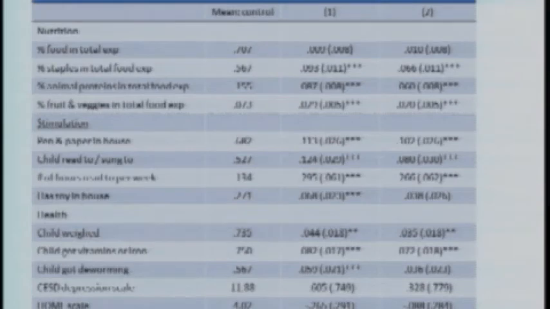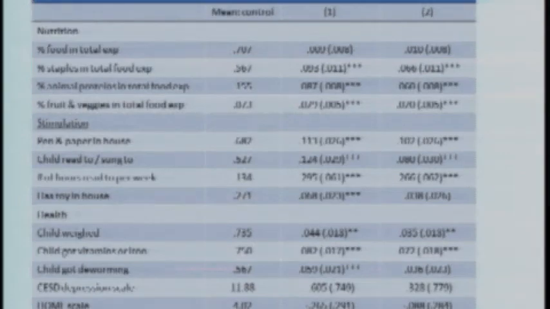And that is the case if you don't control for income or consumption, which is the first row. It's also the case once you control for the fact that the treated households have on average higher per capita expenditures. And basically you see the same if you look at all of the other inputs.